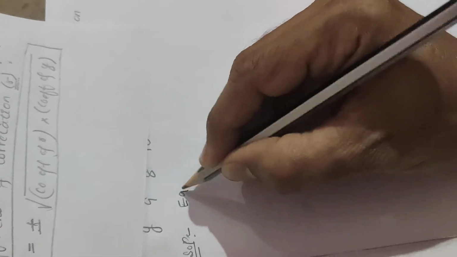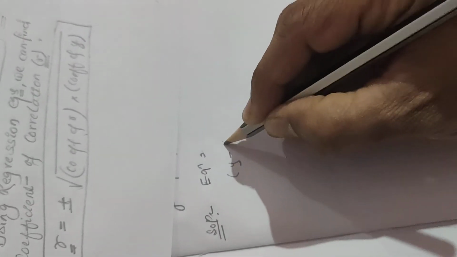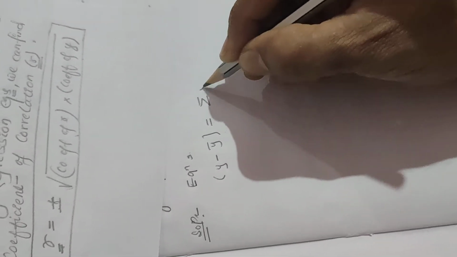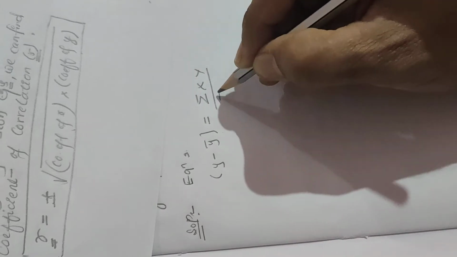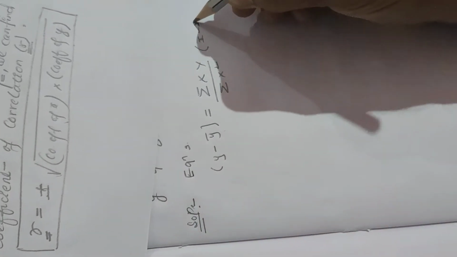The lines of regression equations are y minus y bar is equal to sum of xy divided by sum of x square into x minus x bar, called equation number 1.